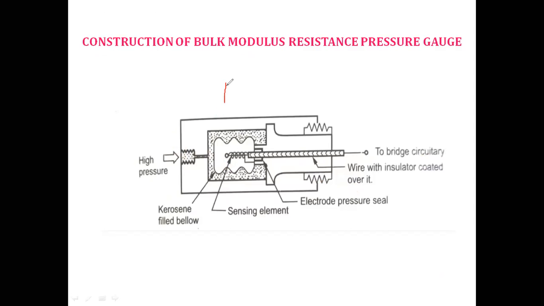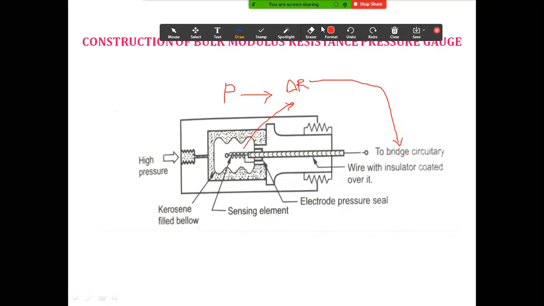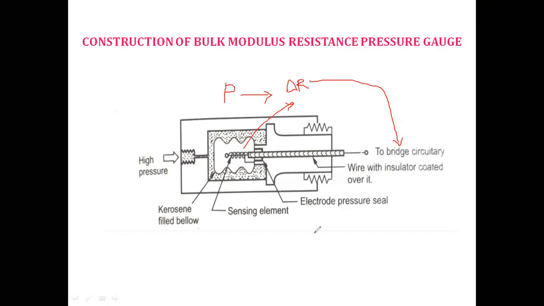Pressure is given to the instrument, and from this coil I am going to obtain the change in the resistance from this Wheatstone bridge circuit. This is the arrangement for the bulk modulus resistance pressure gauge. Please practice this one. This is very important.